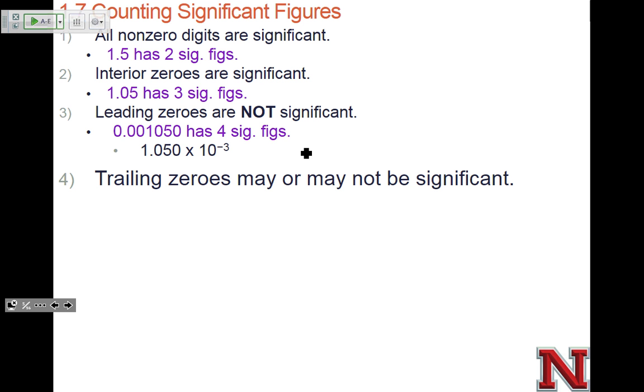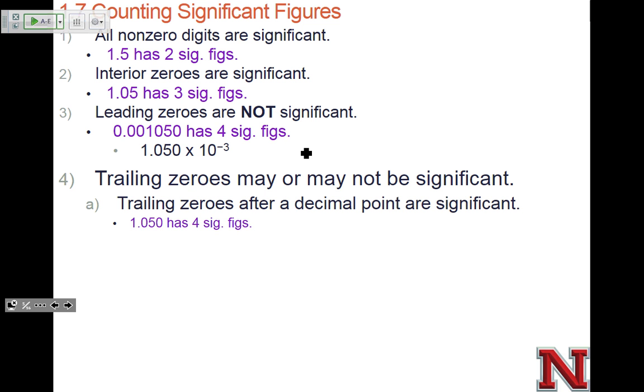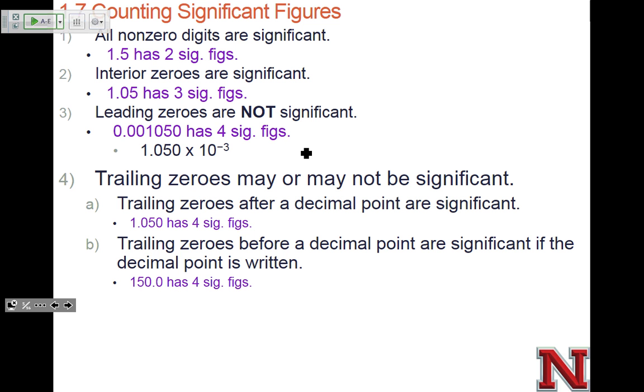So this zero is what we call a trailing zero. Trailing zeros may or may not be significant. Trailing zeros are significant if they are after a decimal point. So again, this is a trailing zero. Here's our decimal point, it's after. So then it's significant.